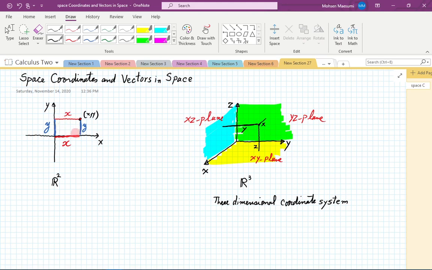We can go ahead and make a box. Here we had a rectangle. Here we can make a box, and in this box you can label various coordinates. So this is z, this is z, this is z, and this is z, and these sides are y.